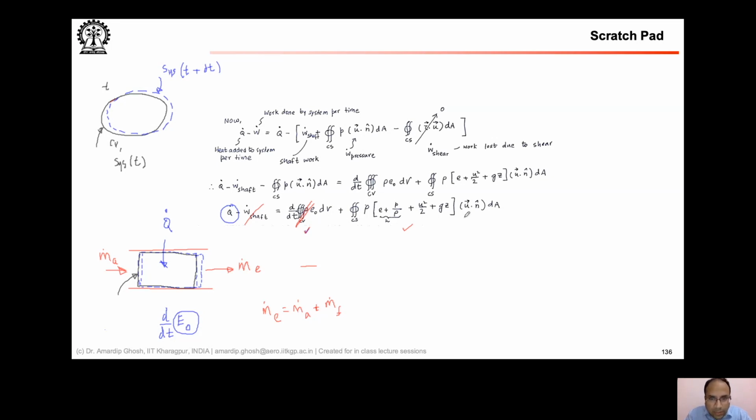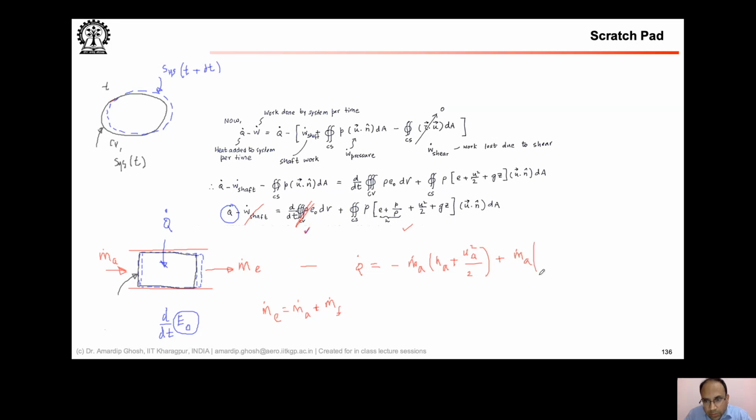So in this case, what will happen is similar to our previous analysis. You will end up with q dot is equal to minus m dot a, again.